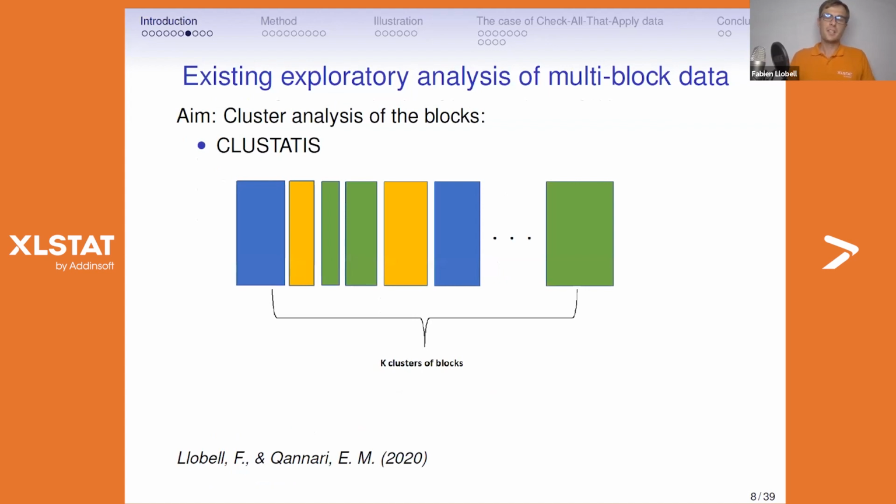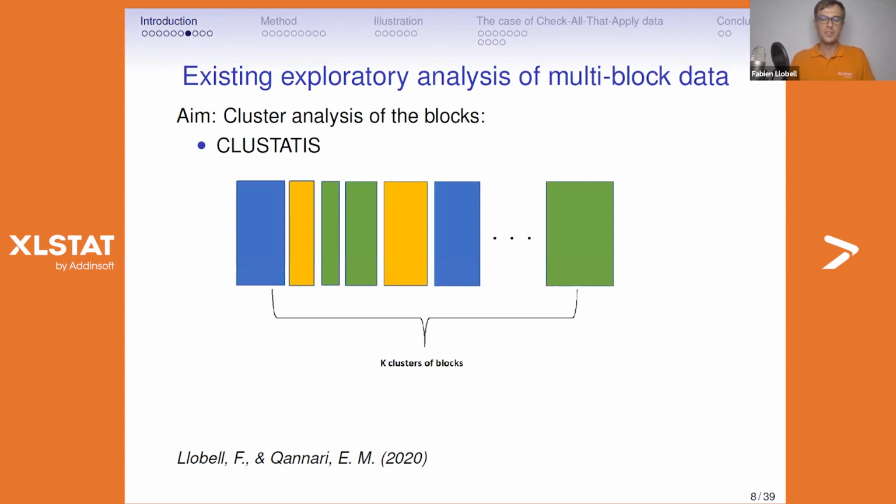For the cluster analysis of the blocks, Mostafa Qannari and I proposed the CLUSTATIS method, which is very useful in sensory analysis, since we have one block by participant.